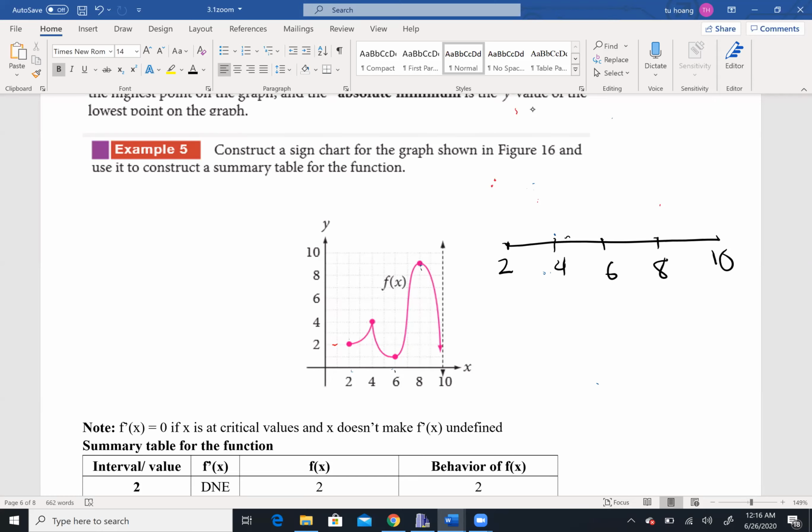So I know that the graph will go down along the vertical line when x equals 10, right? So x will never actually reach 10.